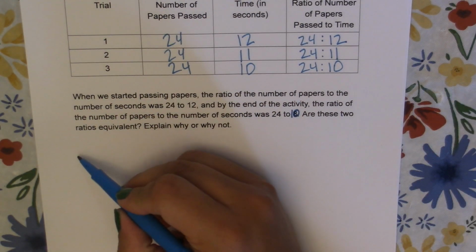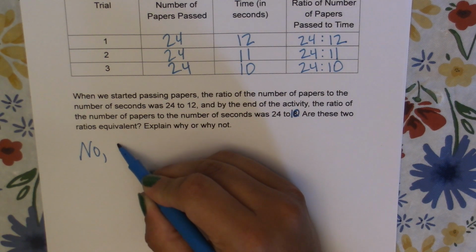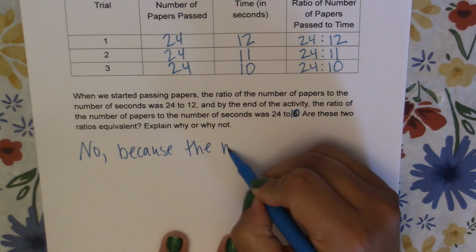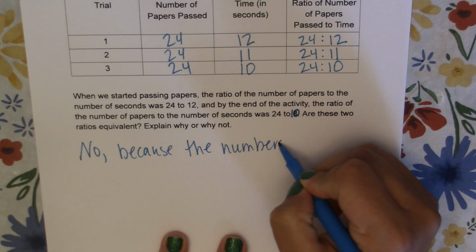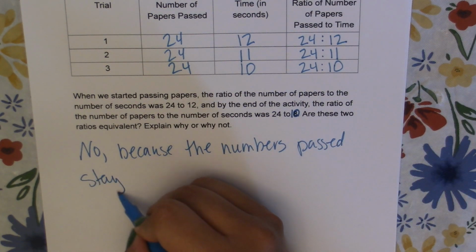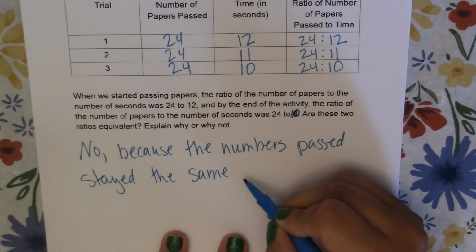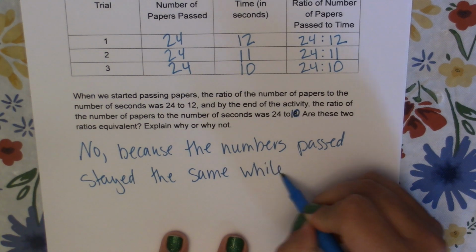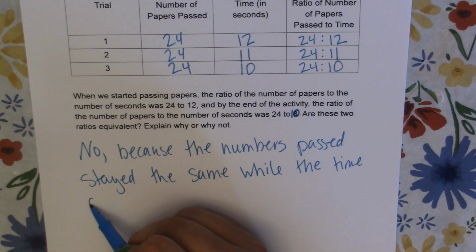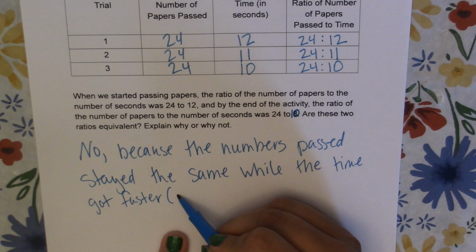And that would be no, because the number of papers passed stayed the same, while the time got faster, which made a smaller number.